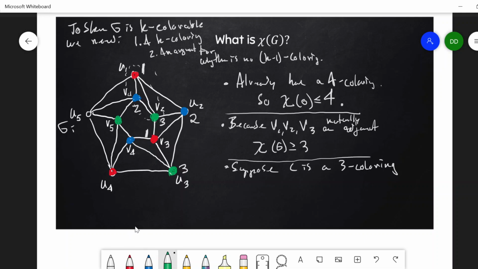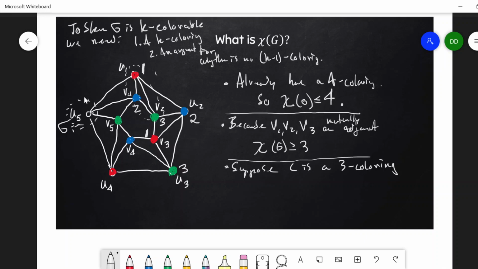And it looks like, so did it work out? No. So I've now come to a contradiction, right? So U5 here, all of these colors were forced. As I was going through this, I wasn't making any choices. These were all forced from these 3 being colored distinctly.